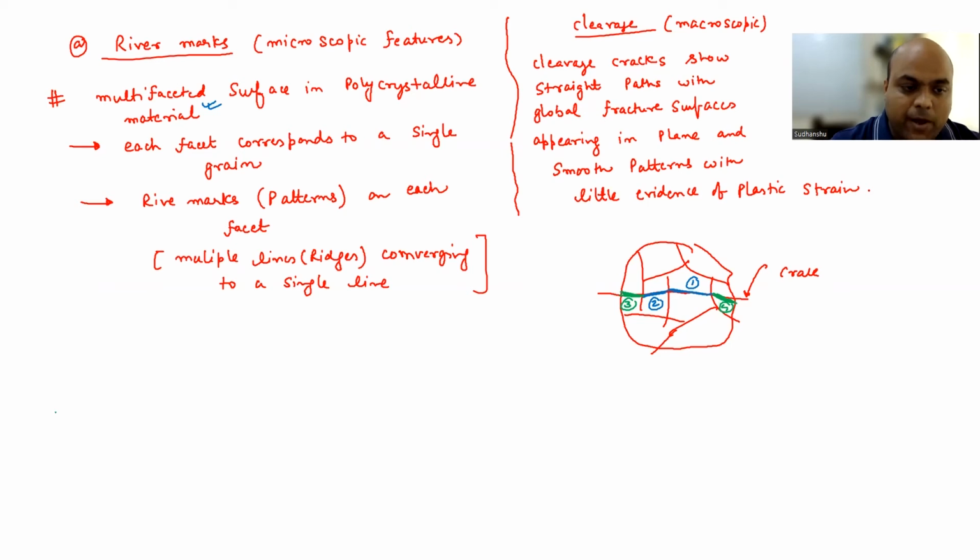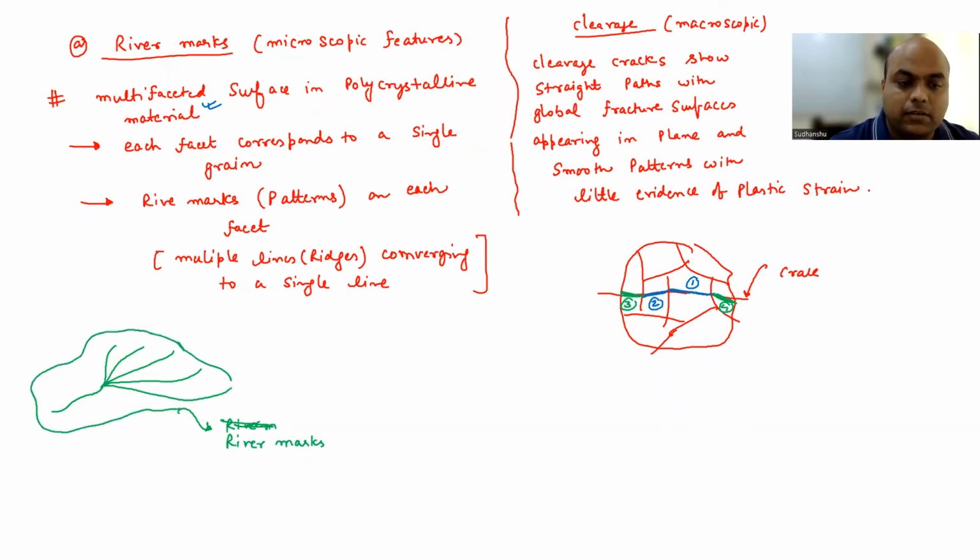So it's like you have a line and then you see multiple lines going like this. So it's like a river, and that's why this is called a river mark. And you are going to see this in one facet. So each facet you are going to see river marks.